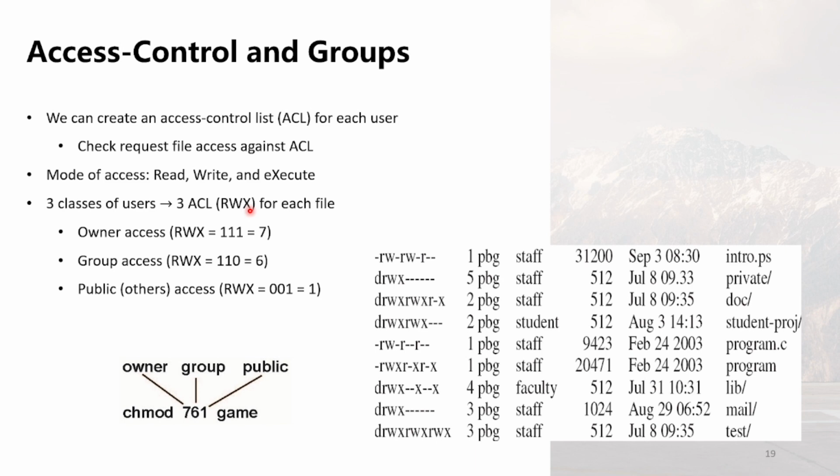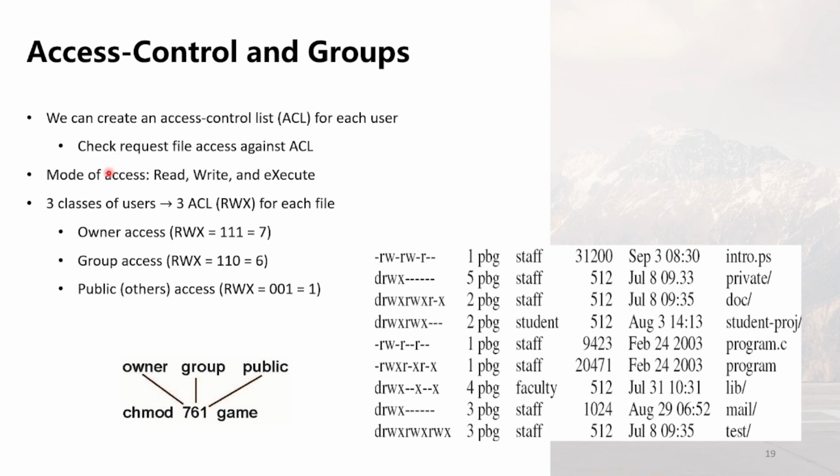This is accomplished through something called an access control list, or ACL for short. The ACL acts as a checkpoint that validates each access request against the permission set for a file.